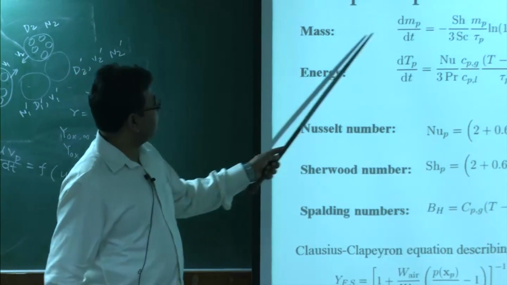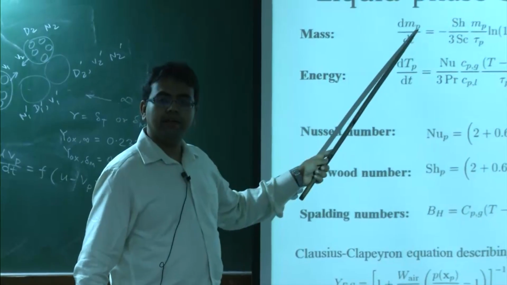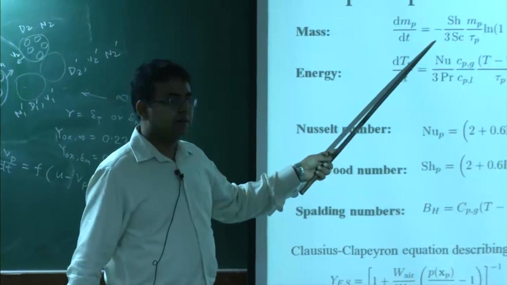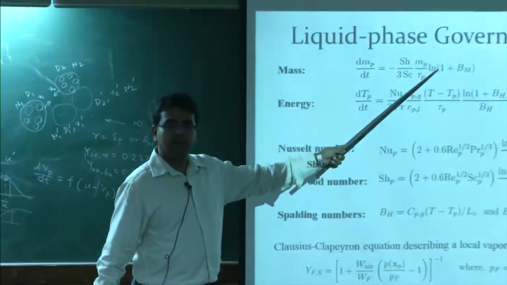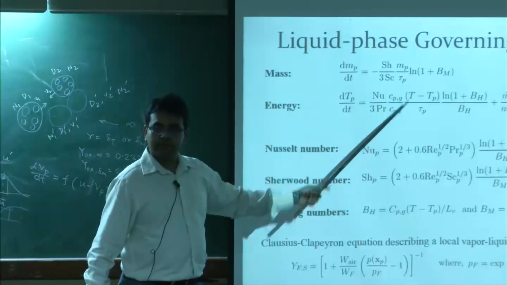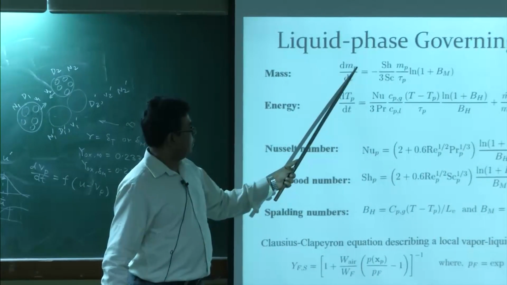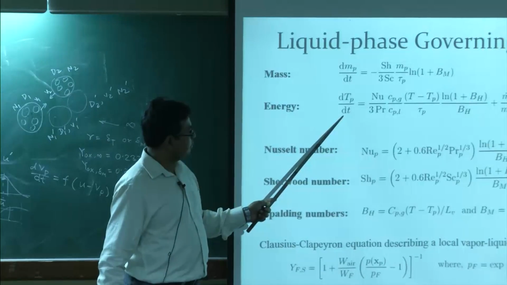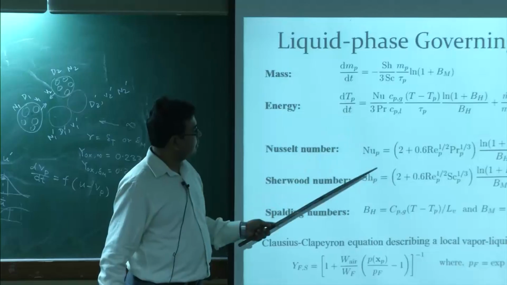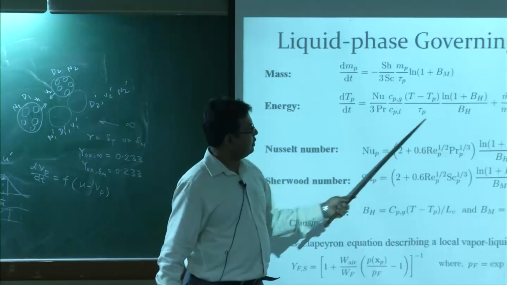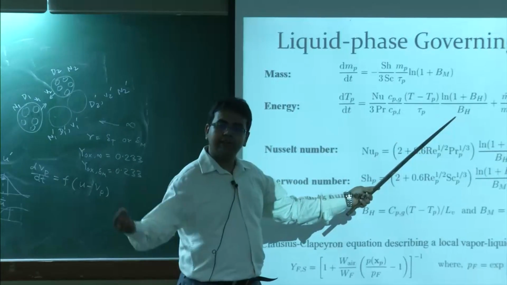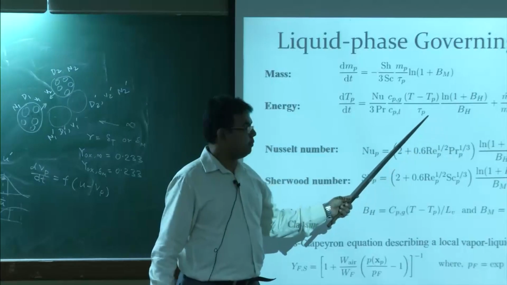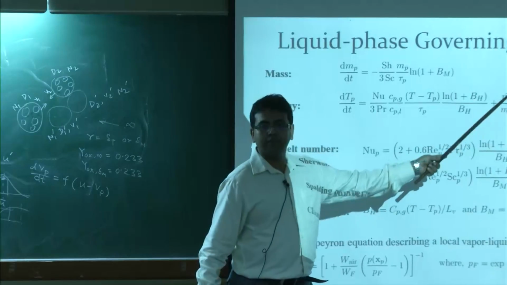Now, the change in droplet mass, dm/dt is equal to minus m dot, and this m dot, if you simplify, it will be like this. So this is the droplet mass conservation, and this is the droplet energy conservation, the change in droplet temperature. The first part is the heat that is coming to the droplet, the second part is the latent heat, right.